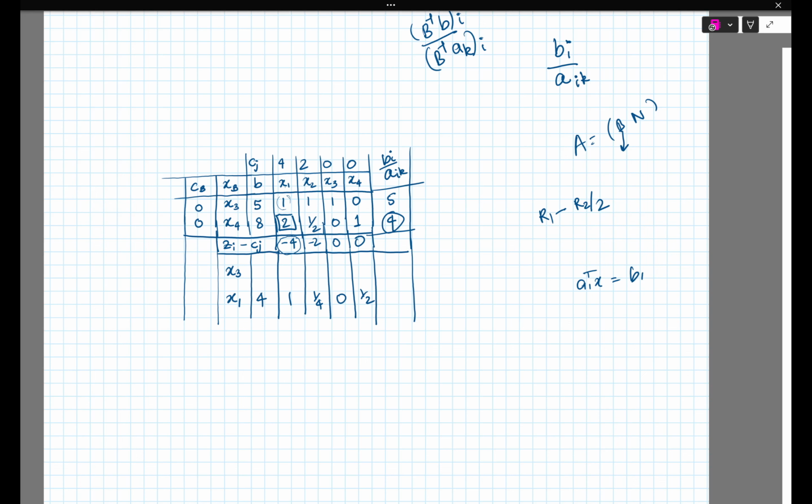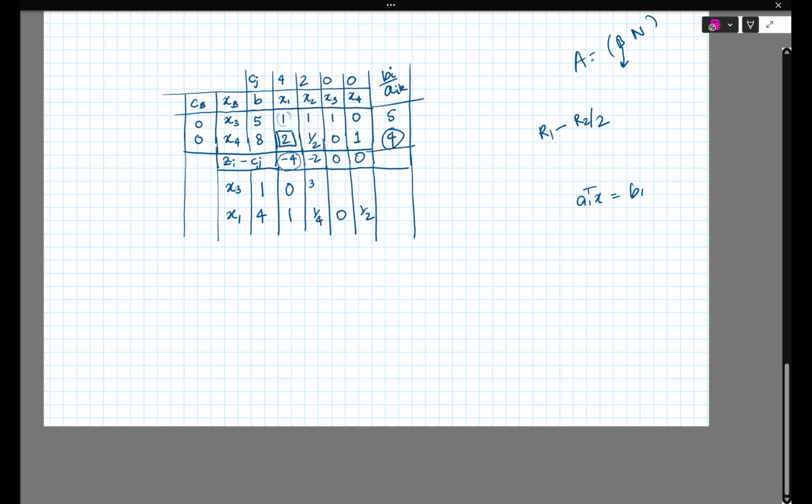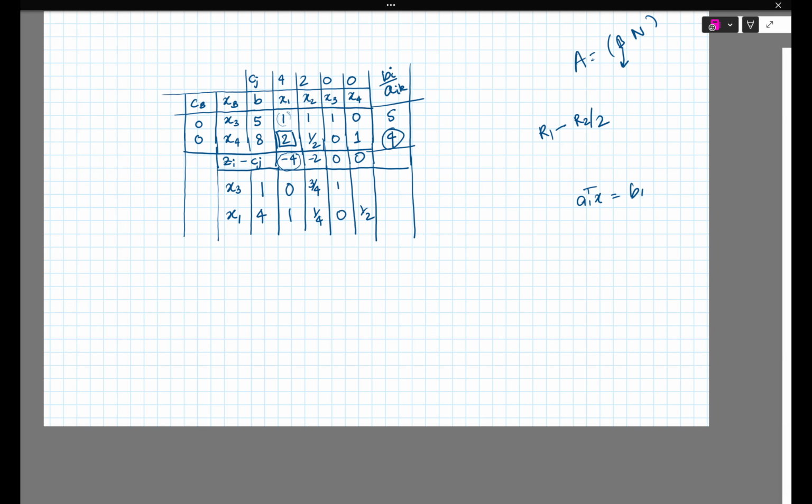So 5 minus 8 by 2 is 5 minus 4, that is 1. This will be 0. So this will be 3 by 4. This will be 1. This half.